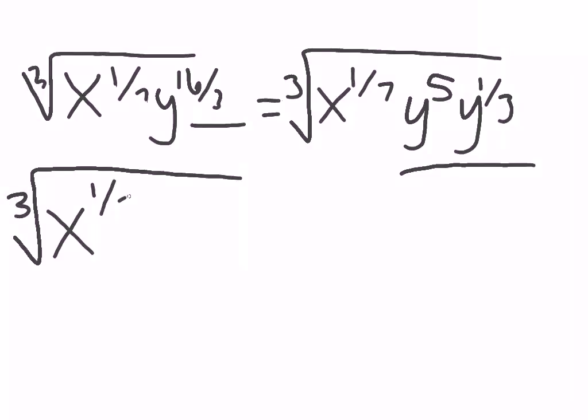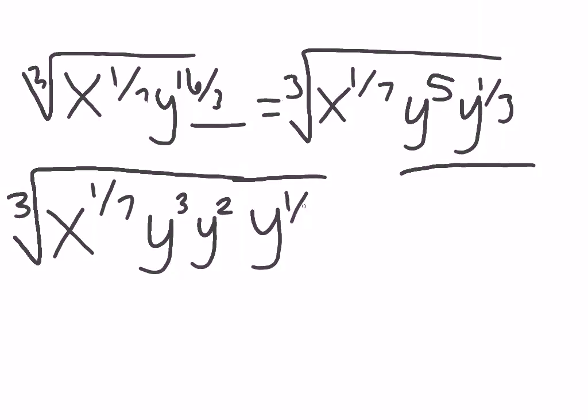X to the 1/7, that's already simplified, so I'm just going to leave it like that. I'm going to rewrite y to the 5th as a product of at least one cube, which is y to the 3rd, y to the 2nd, times y to the 1/3. So I left y to the 1/3 as it was, but I expanded this y to the 5th to be y to the 3rd times y to the 2nd, because that is the same thing as y to the 5th.